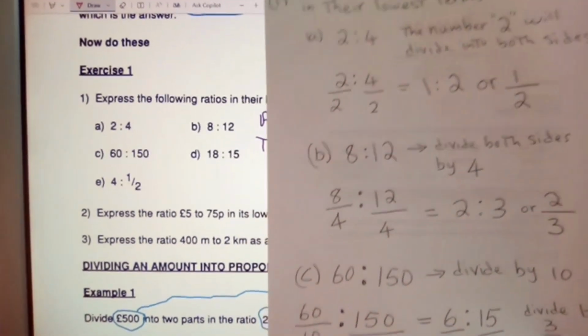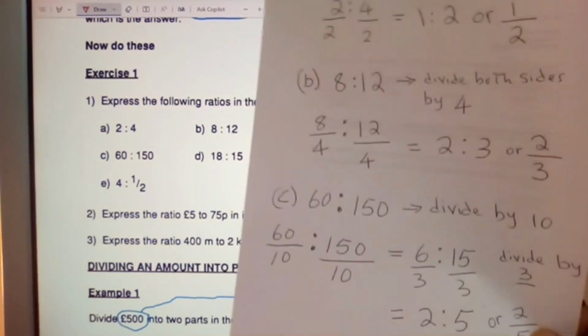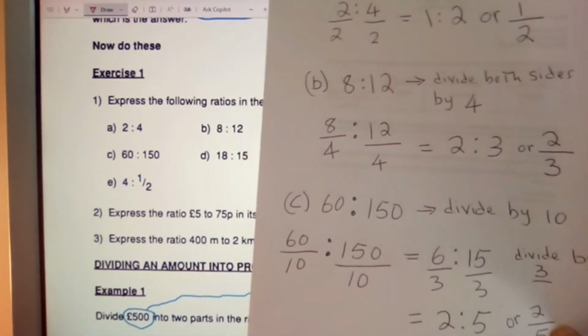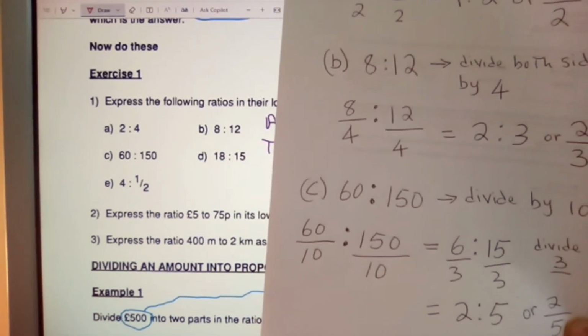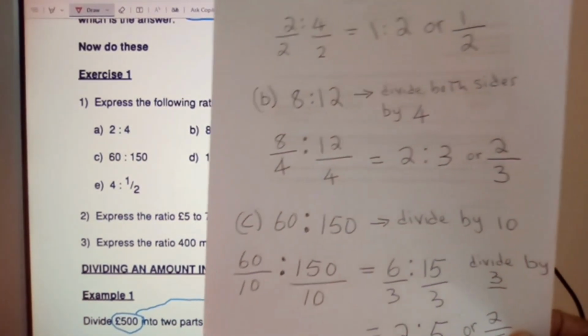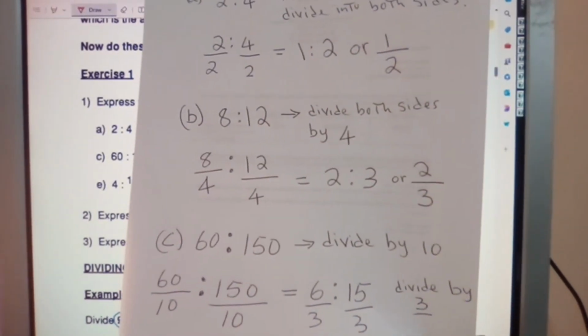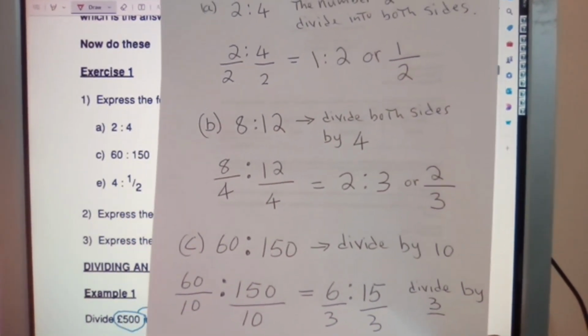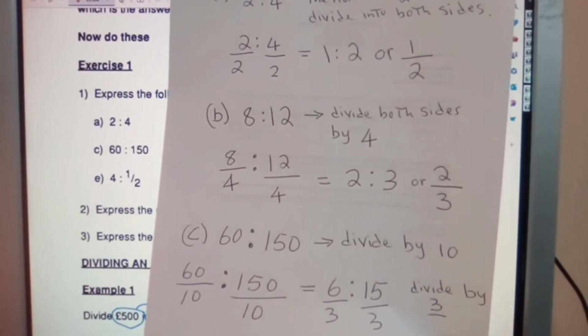Okay. Now I've then gone on to C, which is 60 to the ratio of 150. Divide both sides by 10.